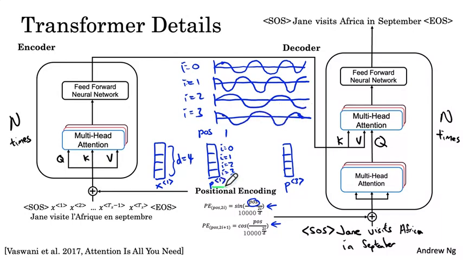So for P1, for position 1, you read off values at this position to fill in those 4 values there. Whereas for a different word at a different position, maybe this is now 3 on the horizontal axis, you read off a different set of values. And notice these first 2 values may be very similar because they're roughly the same height.